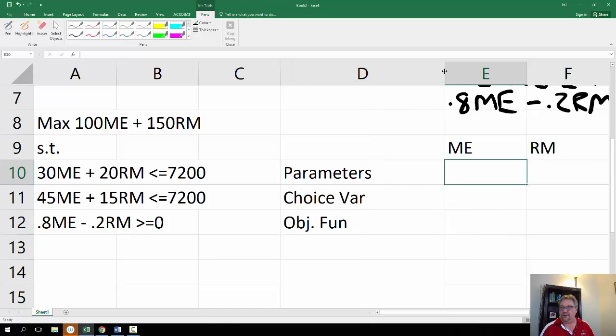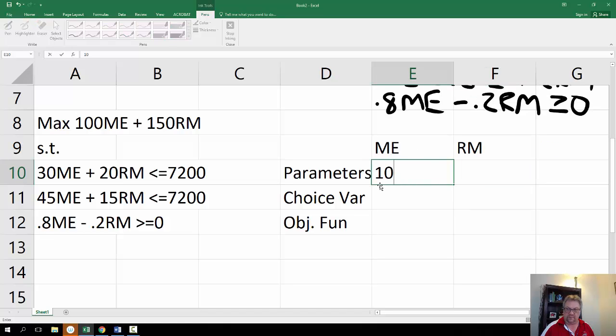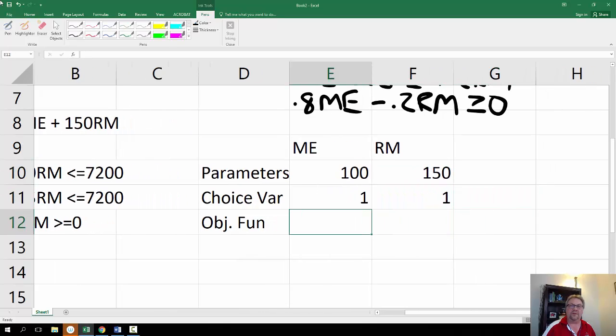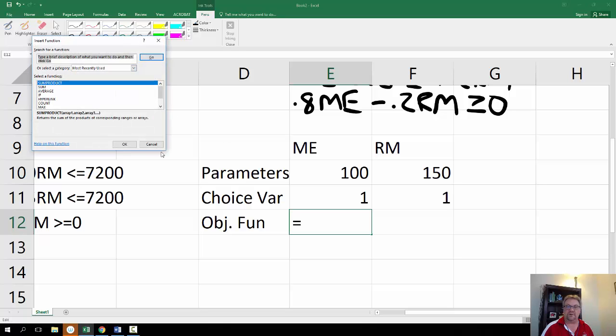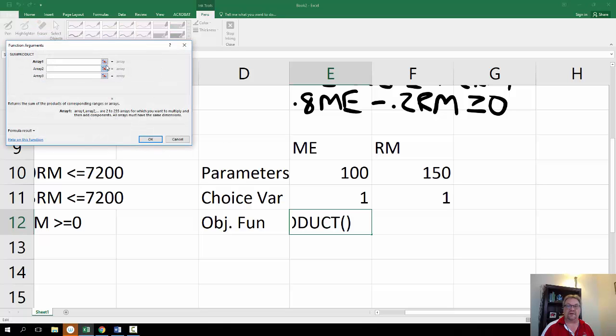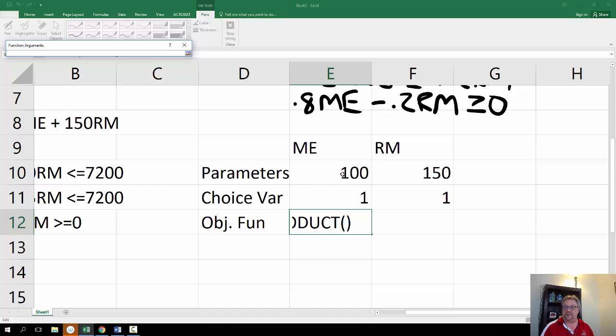There we go. All right, so 100, 150. Right, placeholders, 1 and 1. And then the objective function is always the sum product. I know you're going to get tired of me saying that, but I got to.